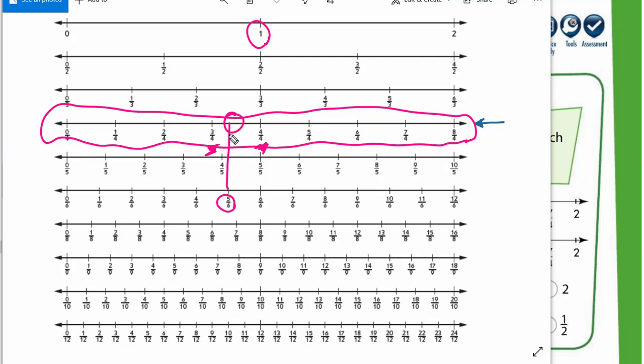So it's closer to 3/4. So if I want to use 5/6, I will make it 3/4 as estimation. To estimate it or to round it, the closer benchmark to it is 3/4.